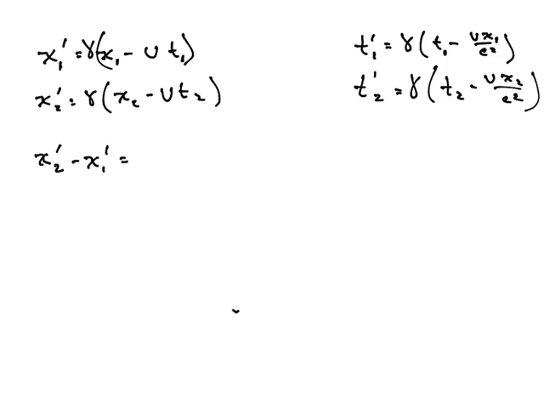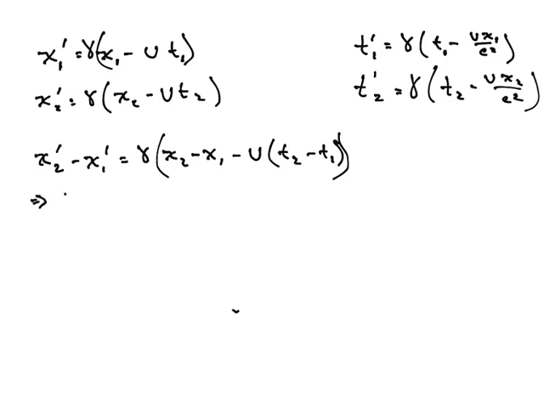What do we get? I'm taking the 2 stuff minus the 1 stuff, so gamma is common, so I just factor that out. So we get x2 minus x1, and then minus u is common to both, so I'll factor that, and I'll get t2 minus t1.